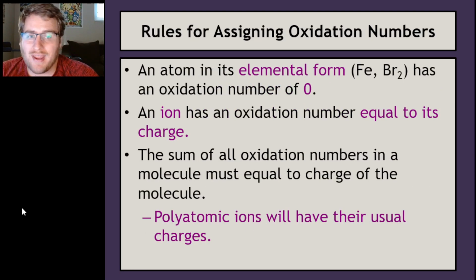Okay, we're going to get pretty much right into some rules for how to assign these numbers in a compound. They're not always obvious. You do not always use the number on the periodic table. This isn't really something I would have told you before, but on the periodic table, those numbers you write for all those charges, 1 plus, 2 plus, 3 plus, 4 plus or minus, 3 minus, 2 minus, 1 minus, those are the charges in binary ionic compounds.